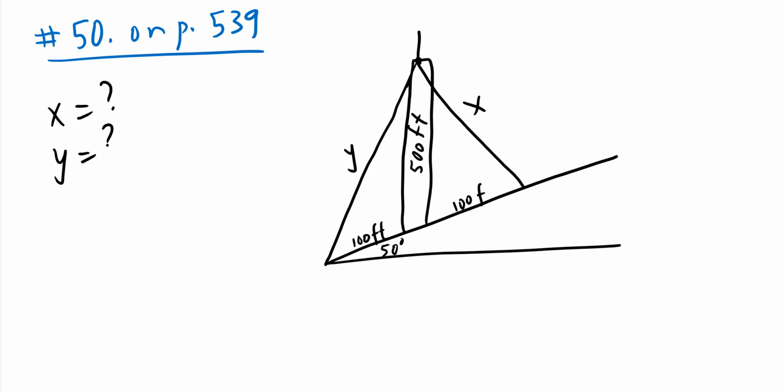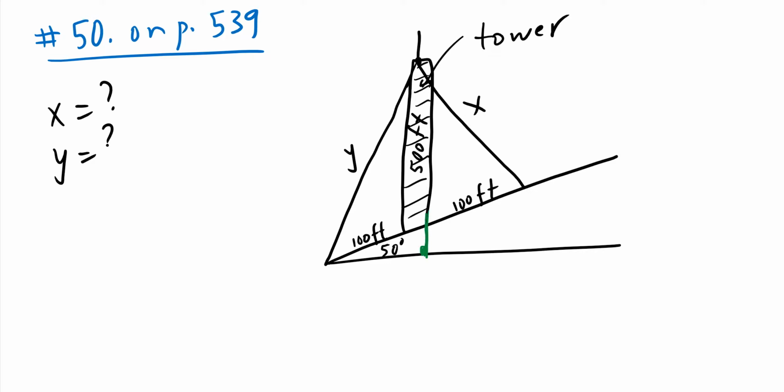So let's see, how do we work with this one? That was the tower here. First, I'm gonna find X. How do you find X? What we can do first is draw a line down, continue the line, a perpendicular line.